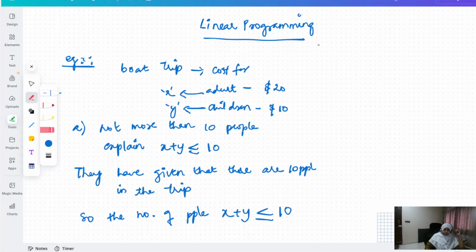Here, the money that has been taken for tickets should be at least $120.